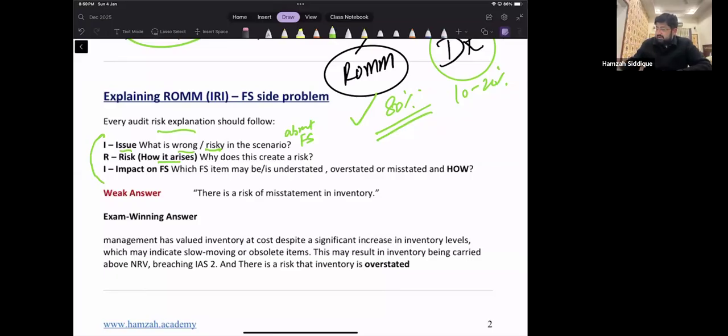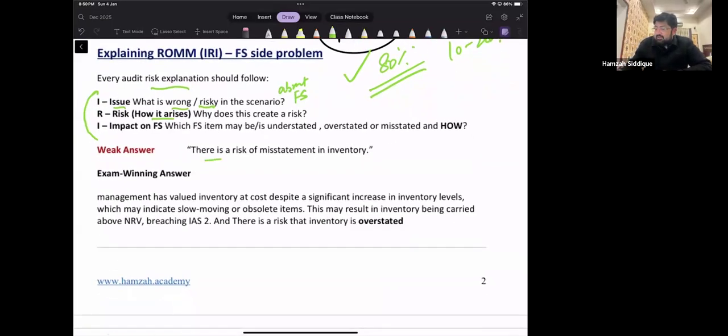A weak answer says there is a risk that inventory may be misstated. Now, how to explain? Management has valued inventory at cost despite a significant increase in inventory levels or inventory days from the previous year. You will be analyzing that, which may indicate slow-moving or obsolete inventory. This is the issue from the scenario.